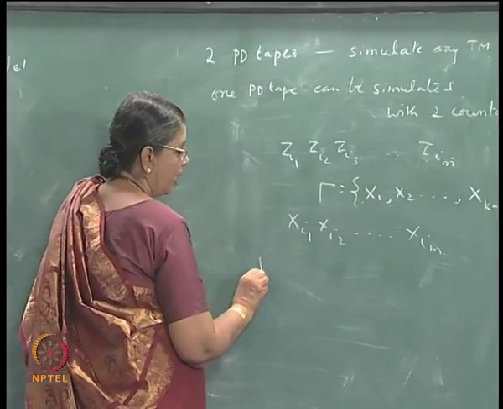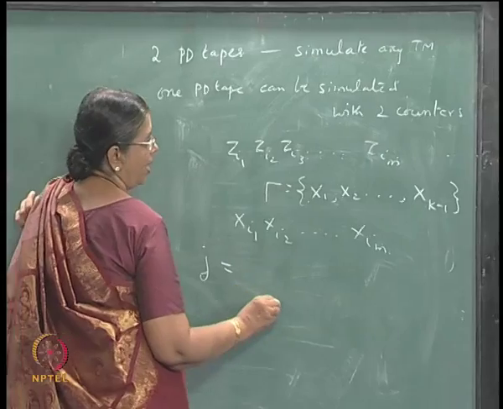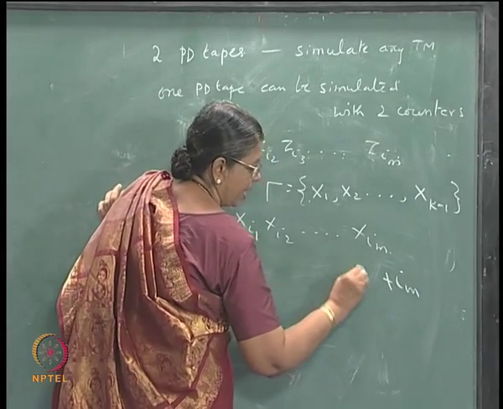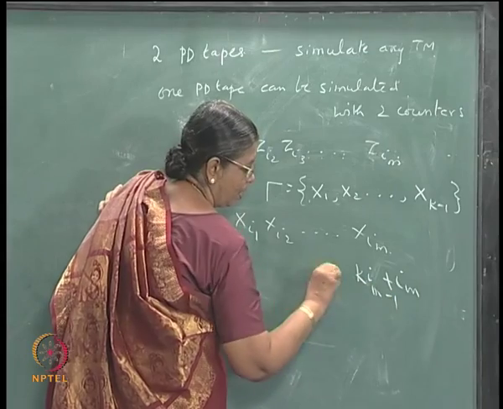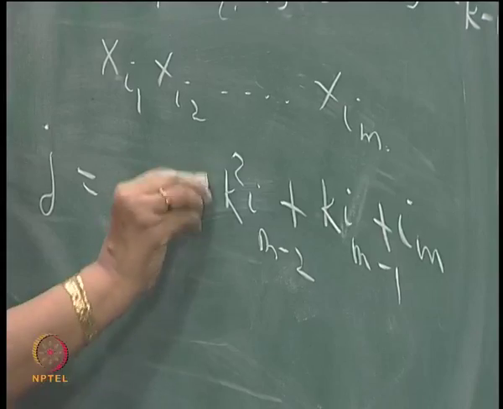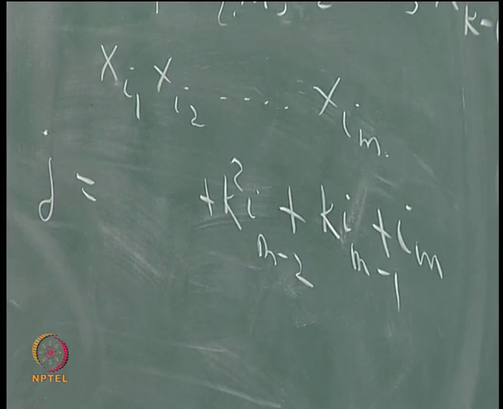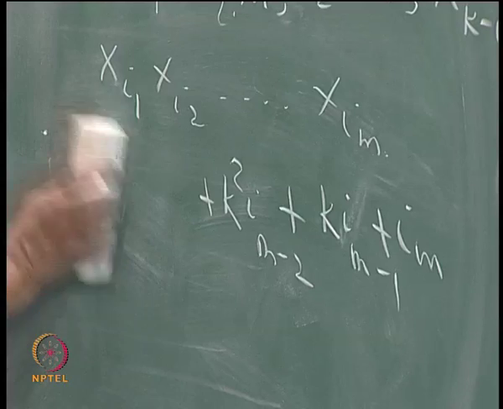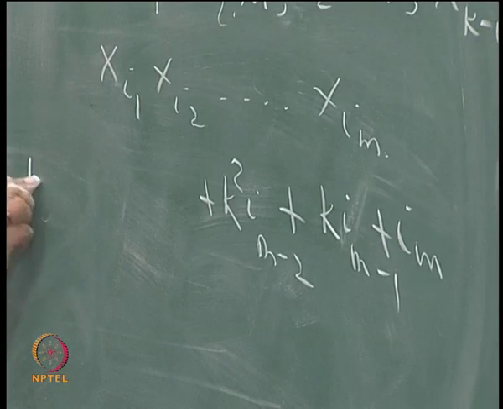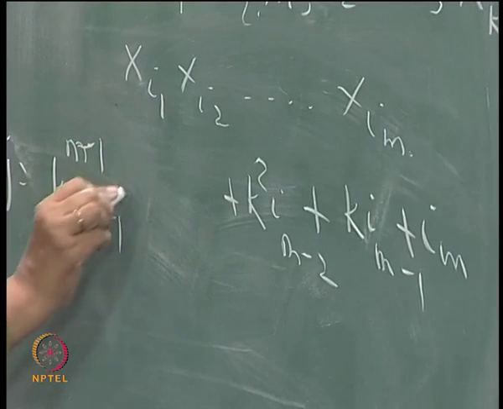Now, you look at an integer j which is Im plus k times Im minus 1 plus k square times Im minus 2 and so on, up to k power m minus 1 times I1.